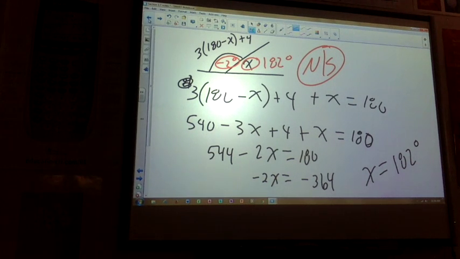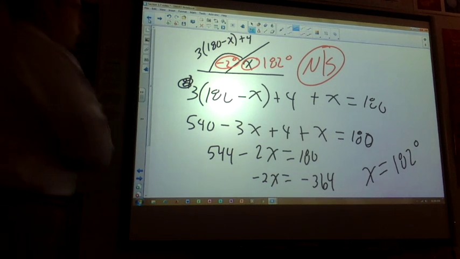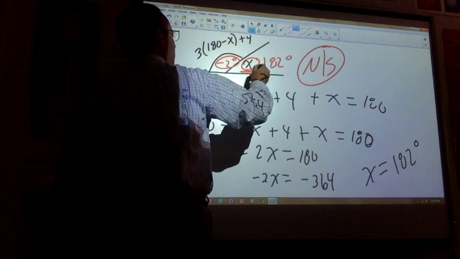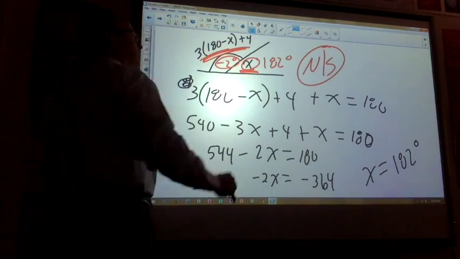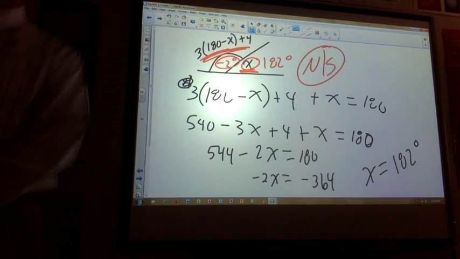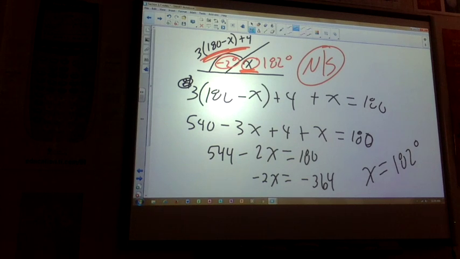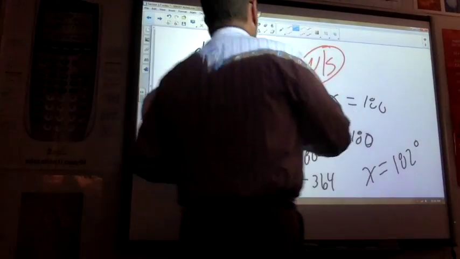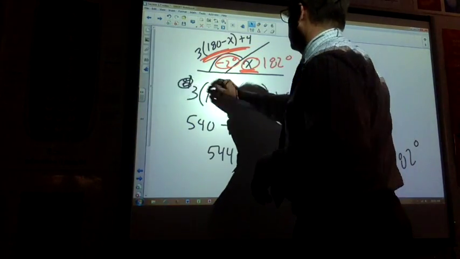Supplementary angles are, do you agree? But do we know we have a relationship between the angles? Yes, because they're supplementary. But it says we have this angle with this relationship to it. So if I take that angle and do something to it, I'm going to get that angle.